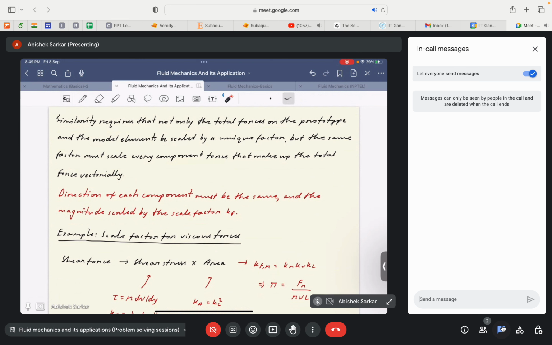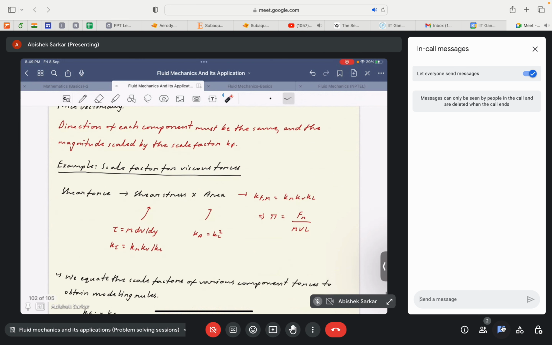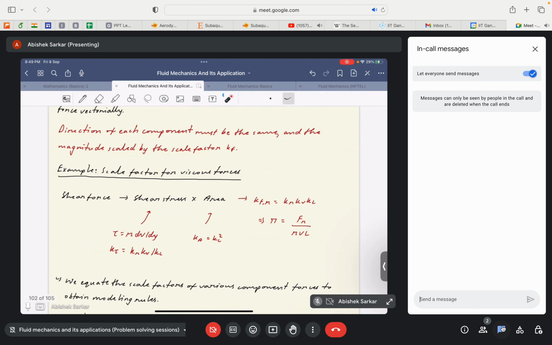Okay, so that's very important. And obviously, since force is a vector quantity, the direction of each component of force must be the same, and the magnitude must be scaled by the same scale factor k.